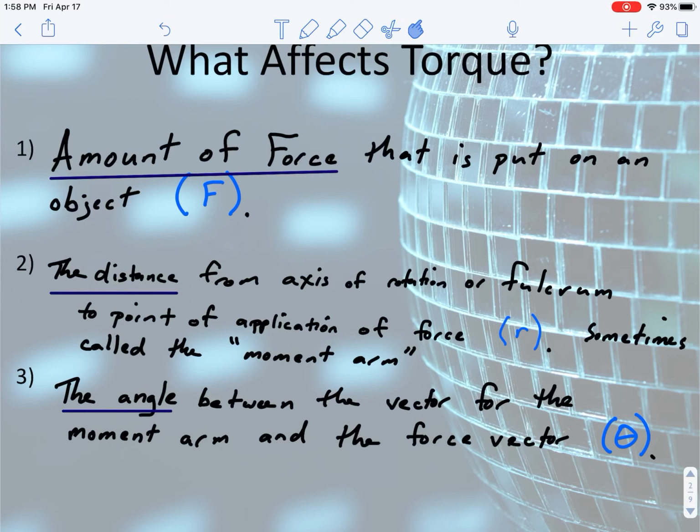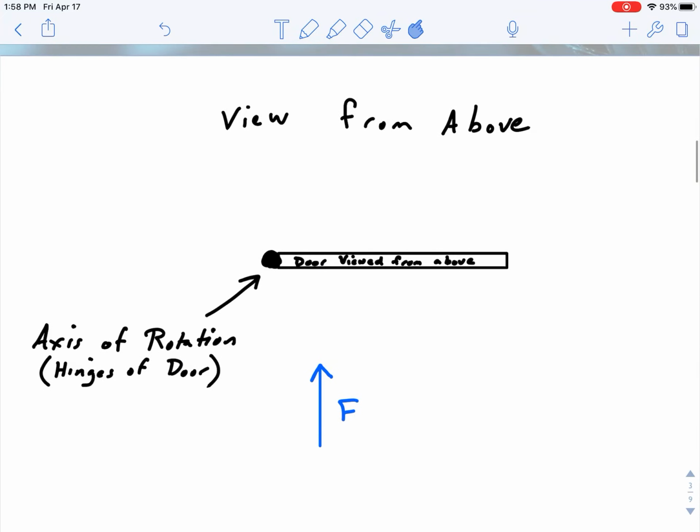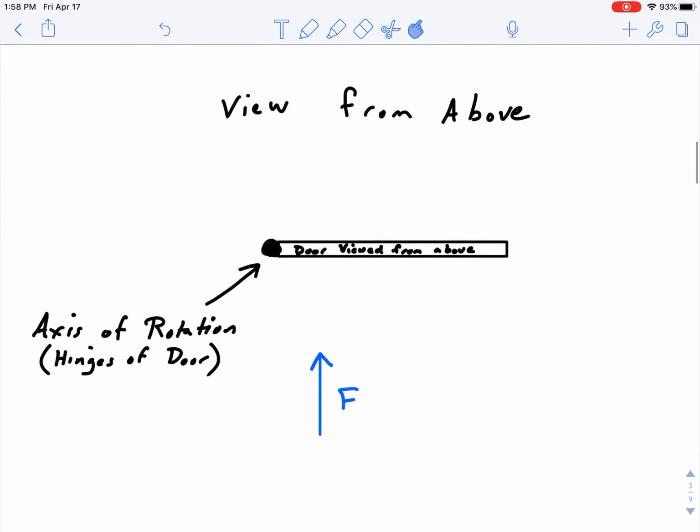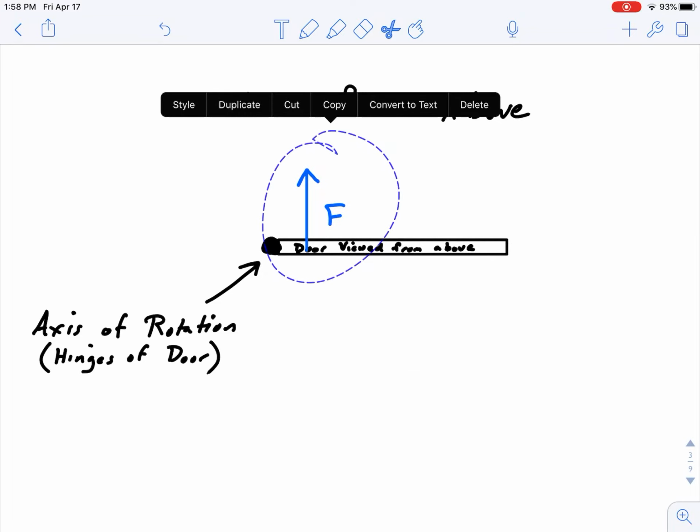Let's do some examples here of what that looks like based on my door. So if we think of what I was doing with the door in the first video, I initially took my finger and pushed on the door very close to the hinge. The hinge is where the axis of rotation was for the door.